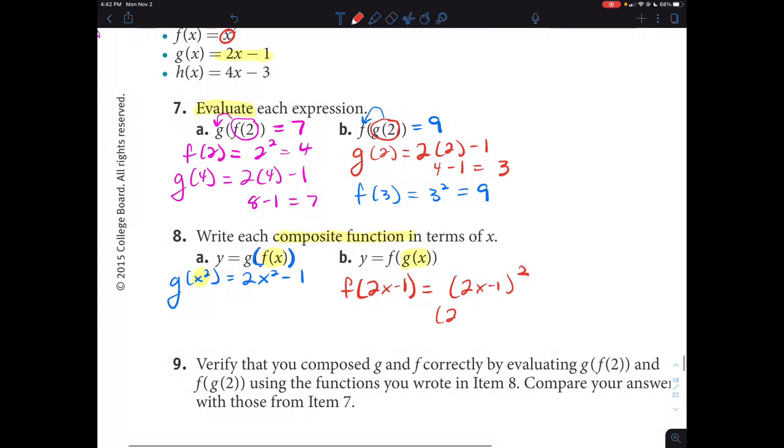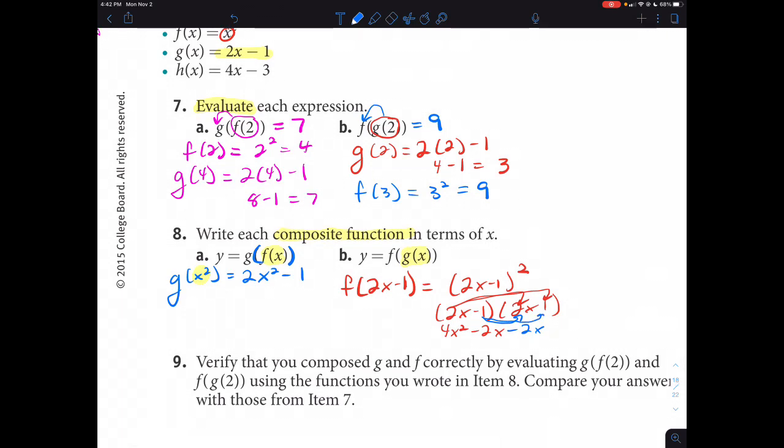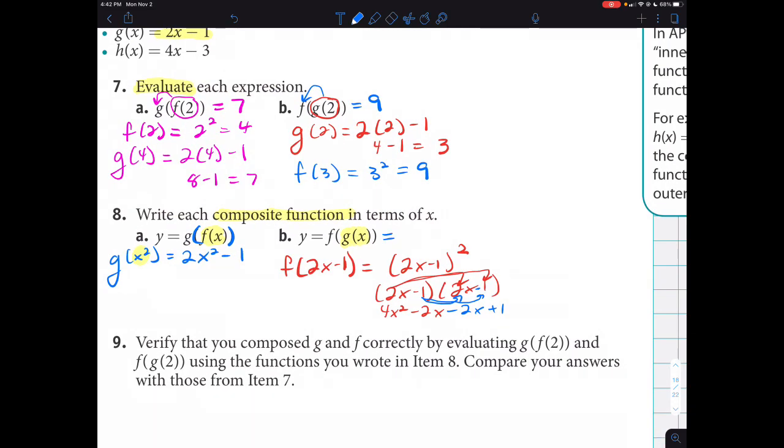And to simplify this, 2x minus 1 times 2x minus 1. 2x times 2x is 4x squared. 2x times negative 1, negative 2x. And then negative 1 times 2x, so that's a negative 2x. And then negative 1 times negative 1 is positive 1. We simplify that out and we get 4x squared minus 4x plus 1. Okay, and that is the answer for B. And this was the answer for A, 2x squared minus 1.